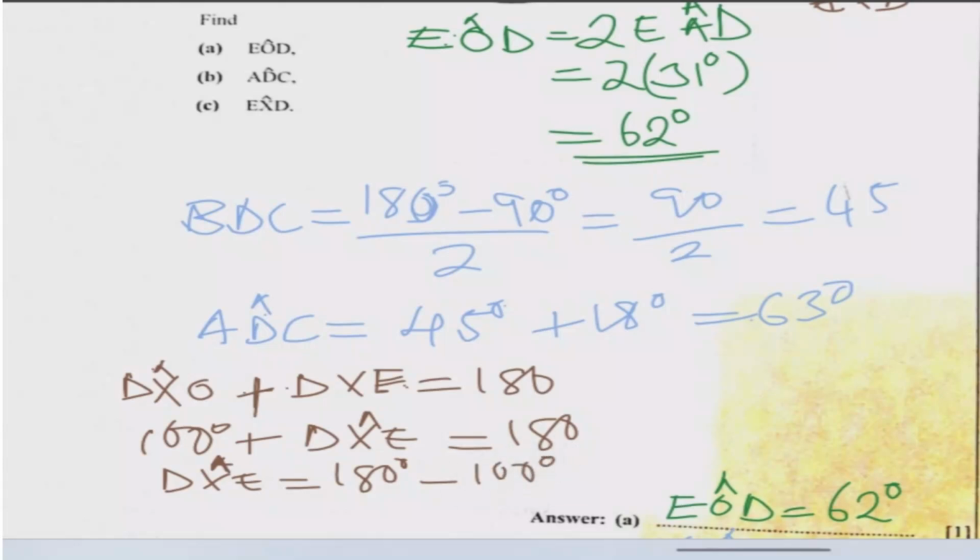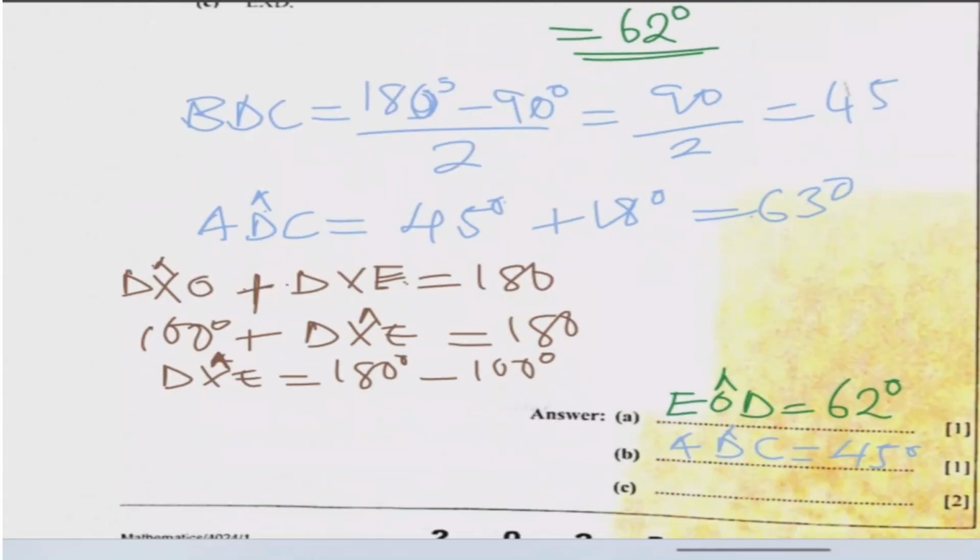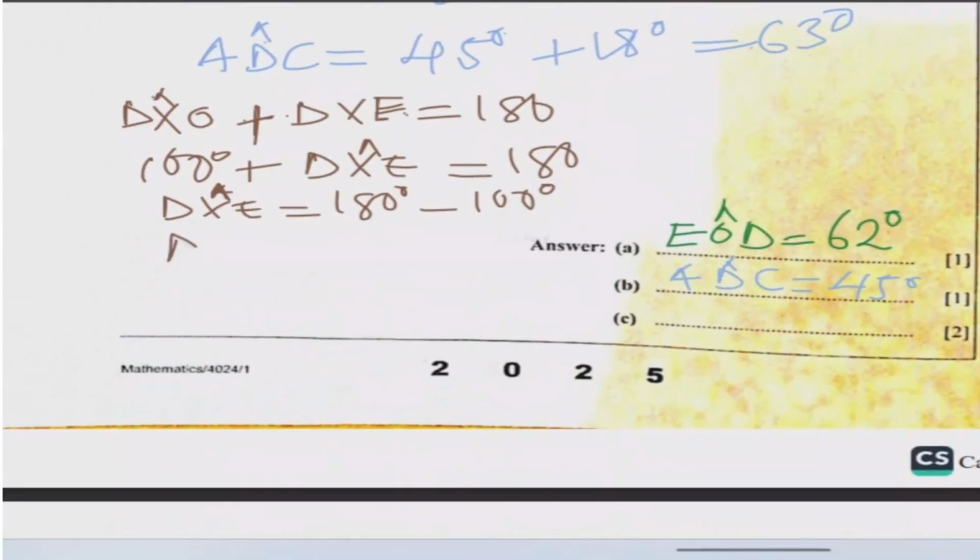So this will give us angle DXE is equal to 180 degrees minus 100, which will give us 80 degrees.